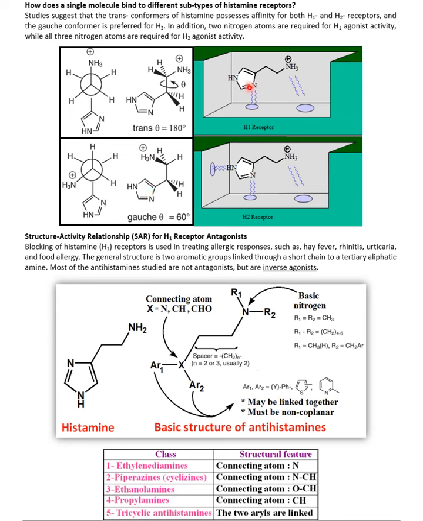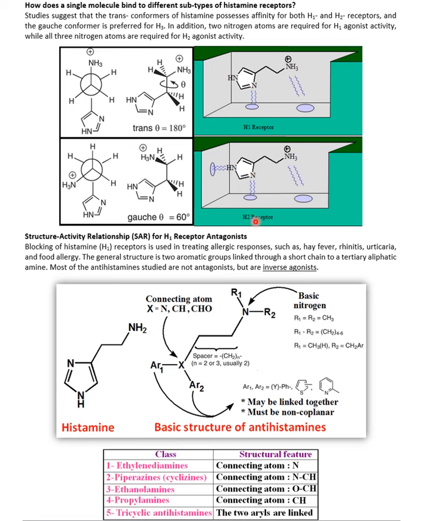So what about H1 and H2 receptors? How can one molecule bind to them? Apparently, studies show that for the H1 receptor, it requires only 2 of these nitrogens to be present. This one here forms an ionic interaction. This one here forms a hydrogen bond.